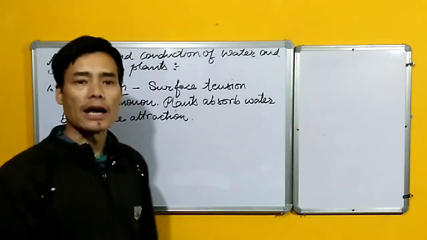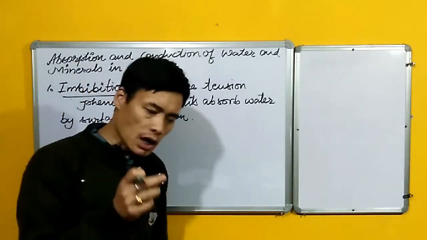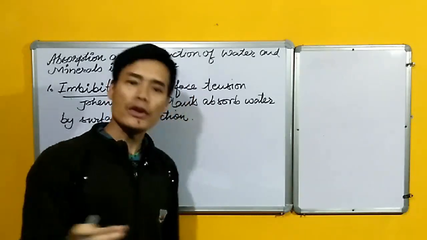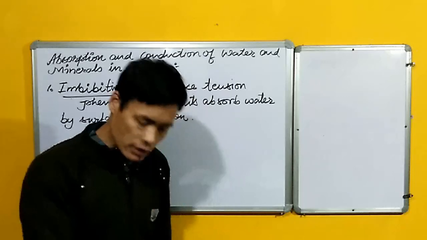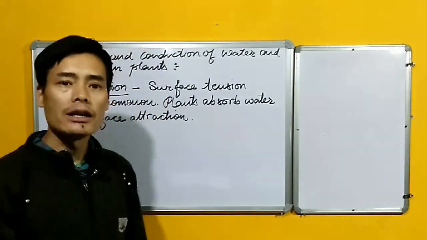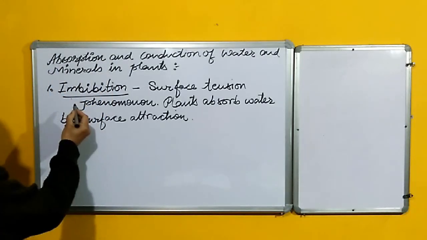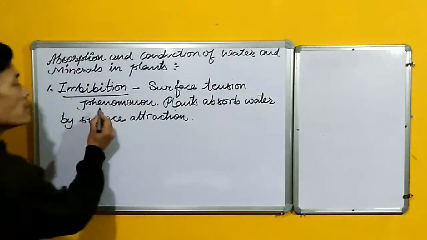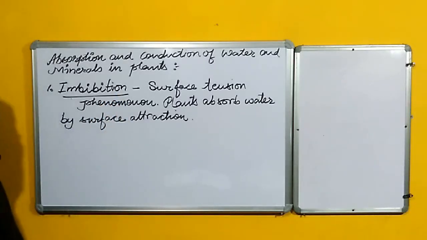So this phenomena where water first of all comes in contact with the surface of the plant body and then slowly gets into the plant body or into the plant cell is called imbibition. Surface tension phenomena. So from the surface, water gets absorbed into the plant body.